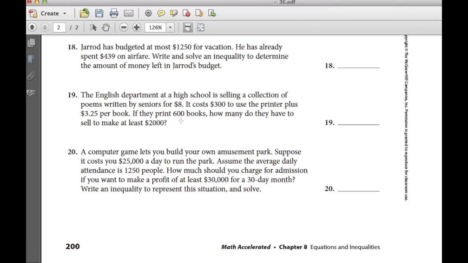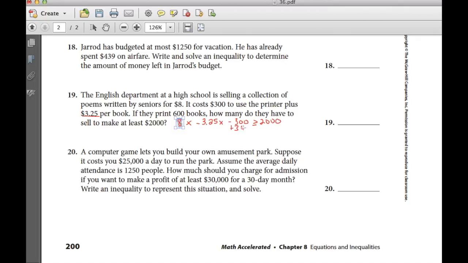I took $8 times x number of books, take away $3.25 per book for the printer, and then take away $300, and that should be greater than or equal to $2,000.